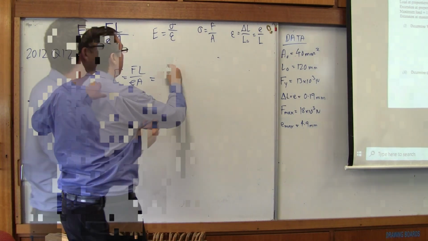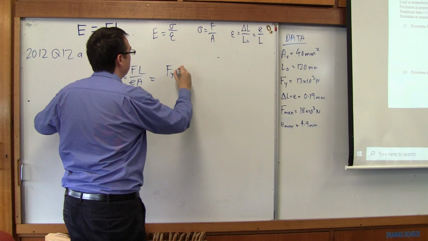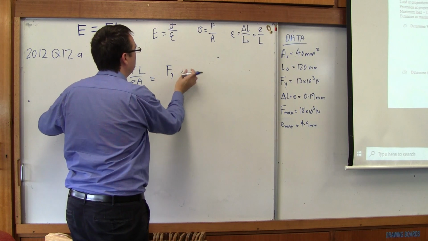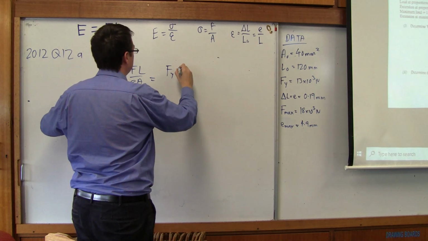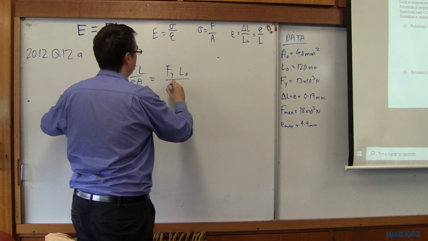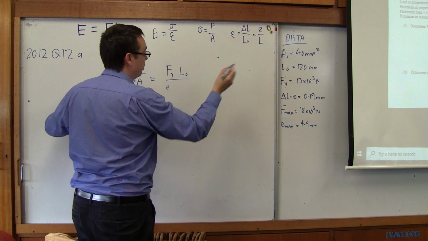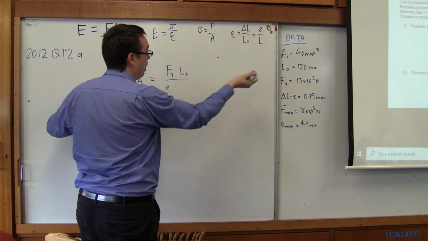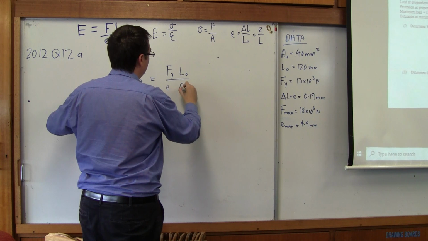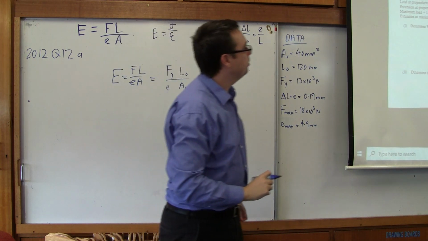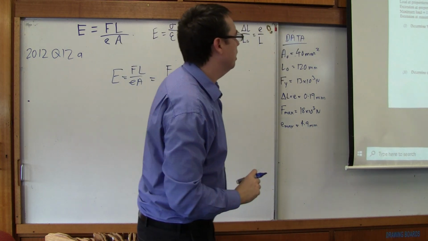So we're going to use Fy times L. In our case, we can use the original length, L0, divided by the extension at the proportional limit, which is Ey. We didn't write Ey, but we can write that now. And the area, the original area. That's reasonable.